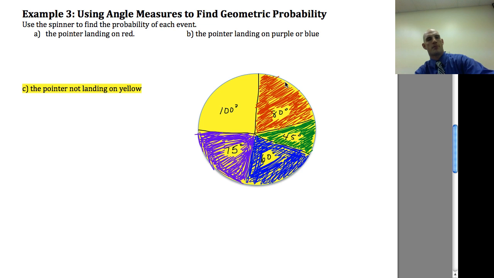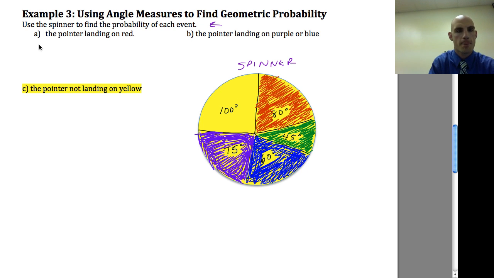a degree example. If you'll notice, I have a spinner here. And it has different regions corresponding with different colors. And so we're going to find the probability of each event. Say, for example, the pointer landing on red. Well, my sample space is going to be 360 degrees. So that's going to be my bottom number.